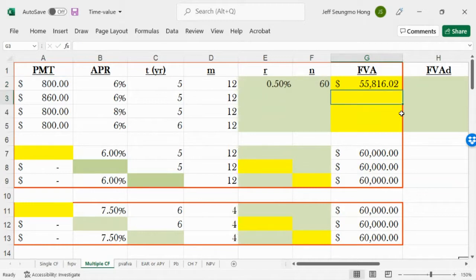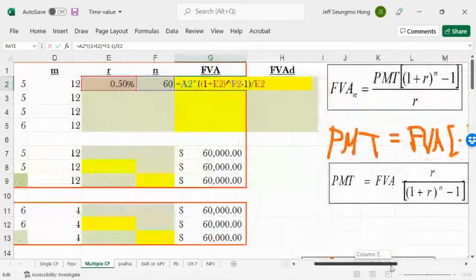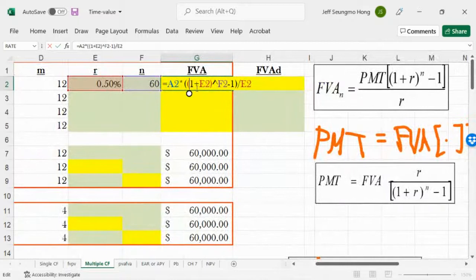Then you got that, right? But this is not the final answer. Algebraically, we use brackets, but when we put it in Excel, there's no difference. There's no bracket in Excel, it's just another parenthesis, right? So that's what it is.